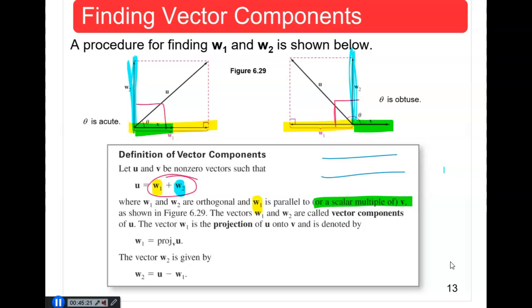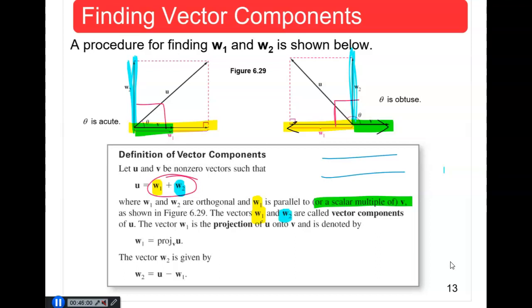Now, for both cases, they are scalar multiples, but in the case on the right side, you could see that they're going in opposite directions. That is because the scalar is negative, perhaps, and that's why the direction was switched to the opposite one. So we're going to call those two vectors, vector w sub 1 and w sub 2.